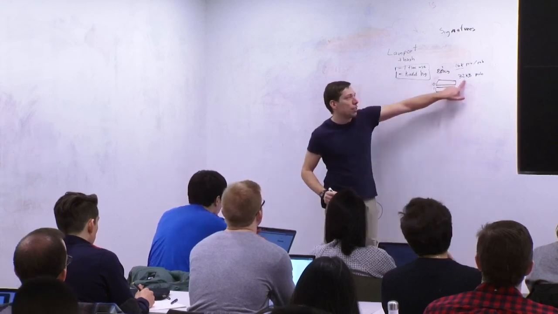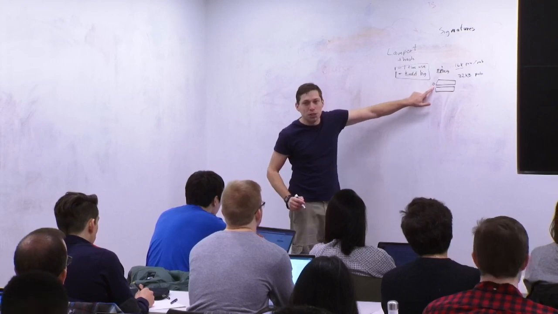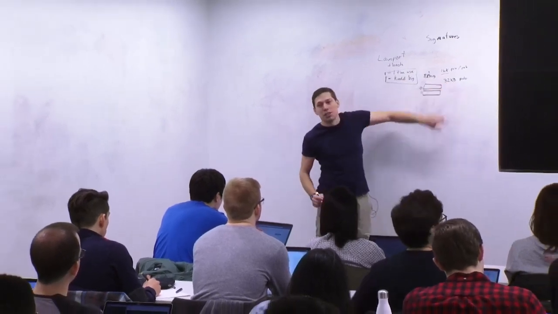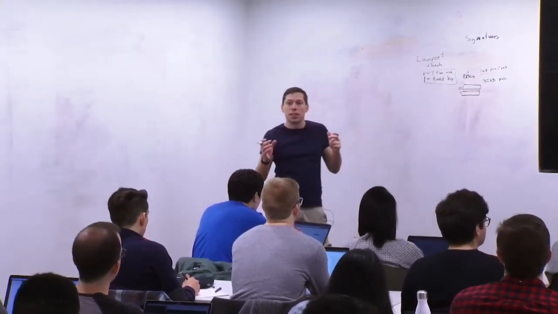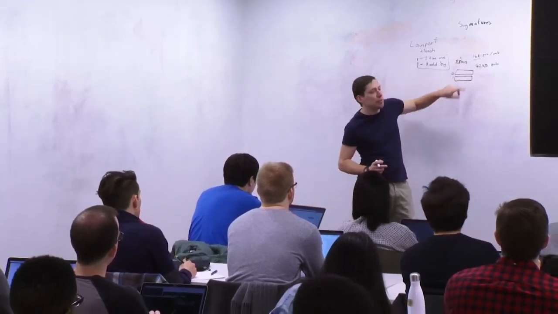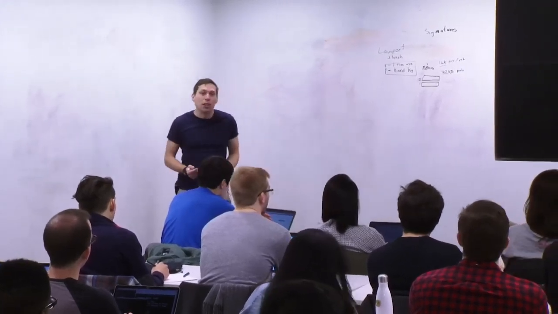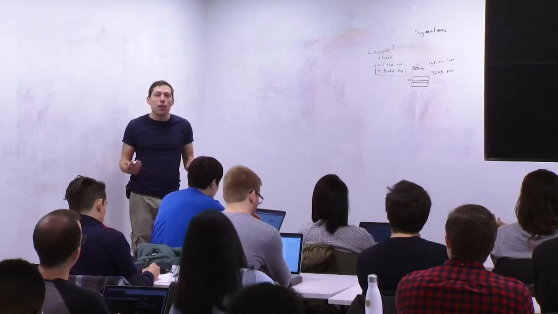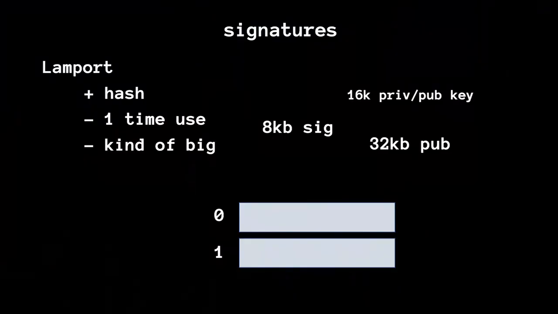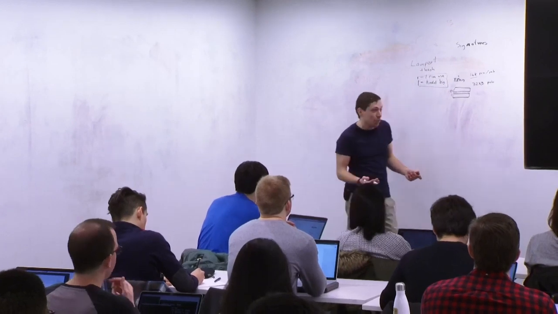Then you look through this 32 kilobyte public key: it starts with a 0, so that means it's using the first sub key. In this case, it's using 1, so it's using the latter sub key. That would let you use your public key twice, at the cost of doubling your public key size, which is not very efficient, but it does sort of work.